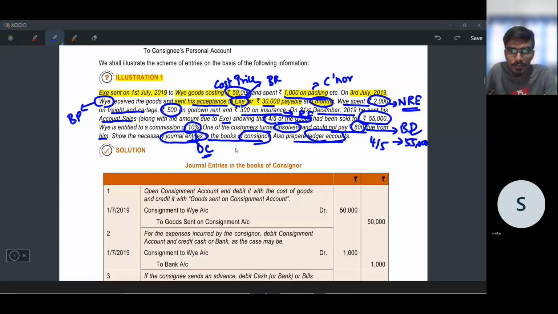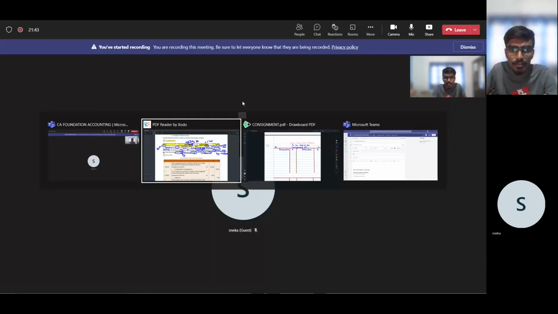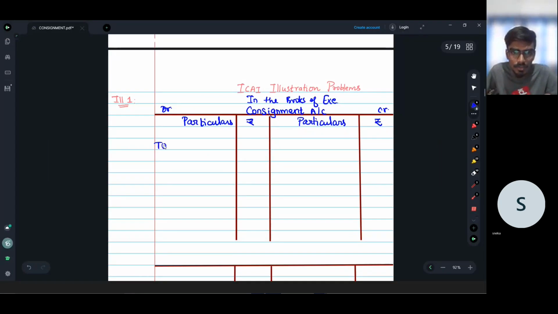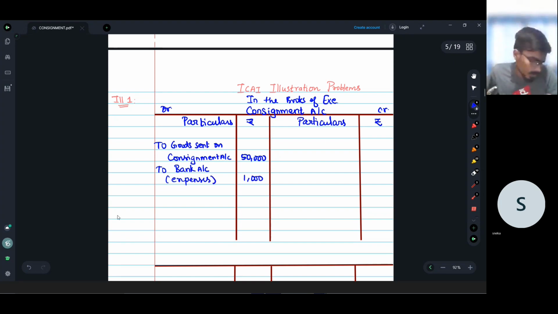Goods costing 50,000 is directly given, so we can directly post it in the ledger: To goods sent on consignment 50,000. Then they give expenses of the consignor, so To bank account, in brackets write expenses, totally 1,000.